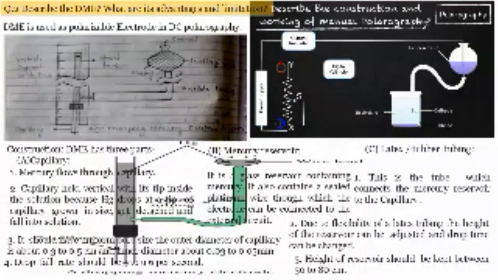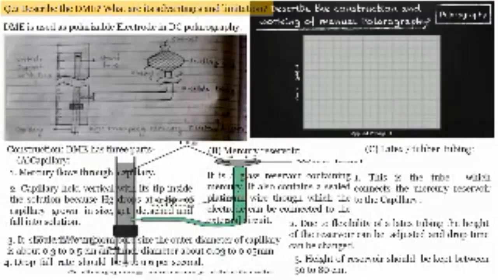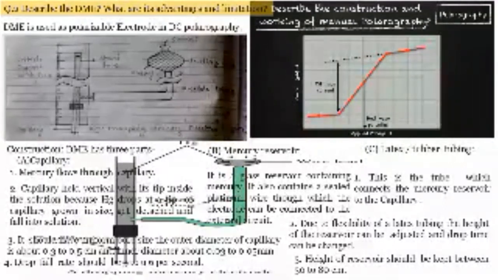The jockey is moved from X to Y slowly, and for each position, take the readings of voltmeter and current meter. Now plot a graph of current versus applied voltage. The graph thus obtained is known as a polarogram. From the graph, we can have qualitative as well as quantitative analysis. The graph is an S-shaped curve.